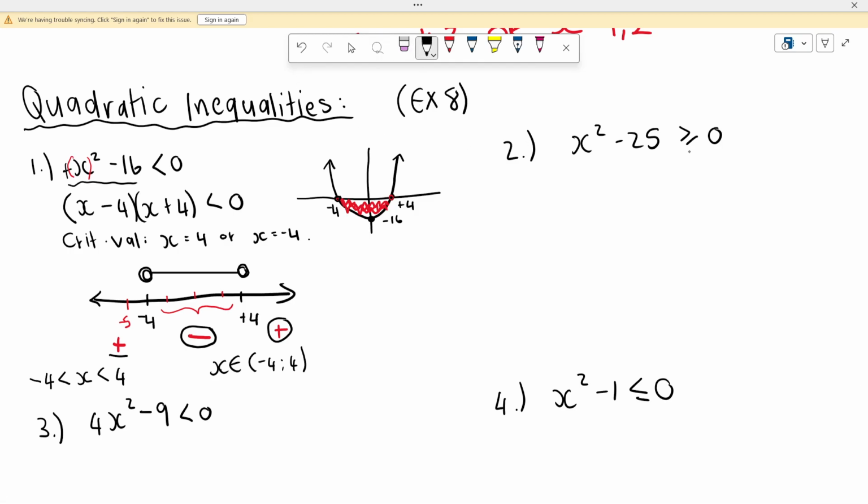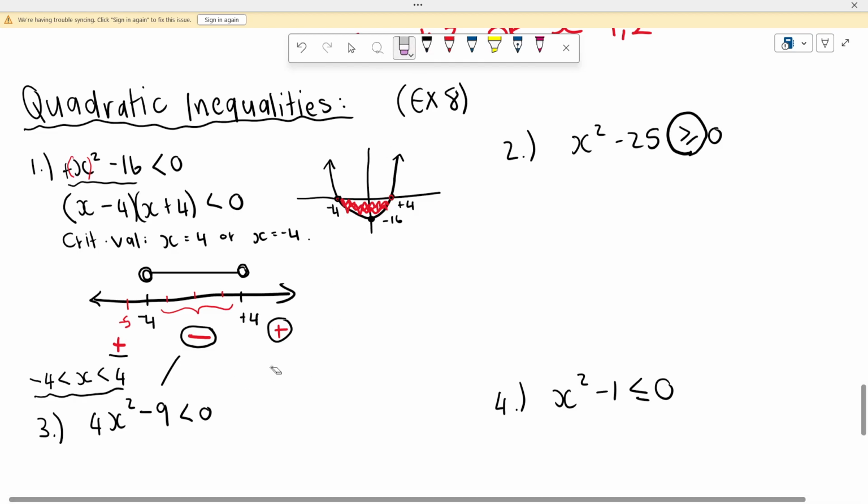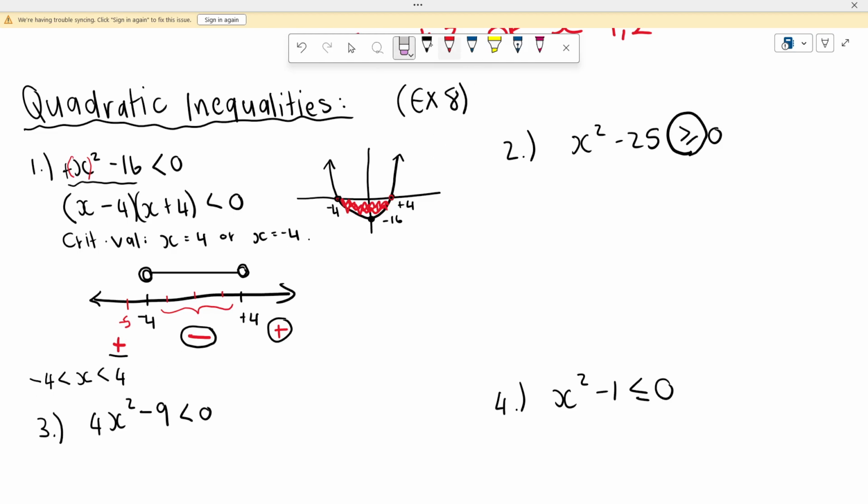If it was included, it would have square brackets, right? But it doesn't, because the 4s don't include the solution to this problem. So either this could have been your final answer or this, it doesn't matter. I think for inequalities, stick to your answer being an inequality. So stick to this format, okay?